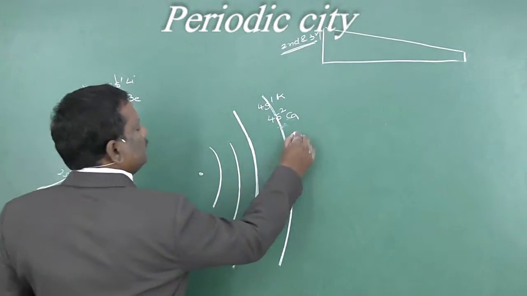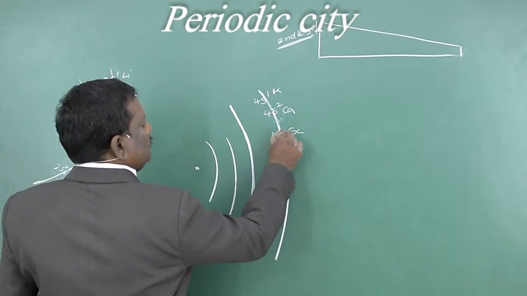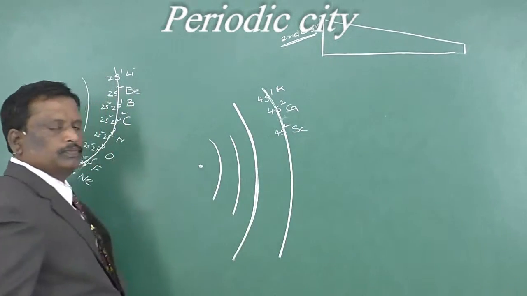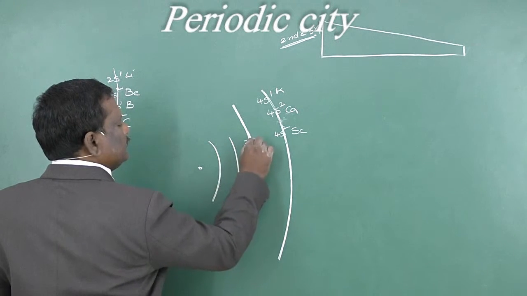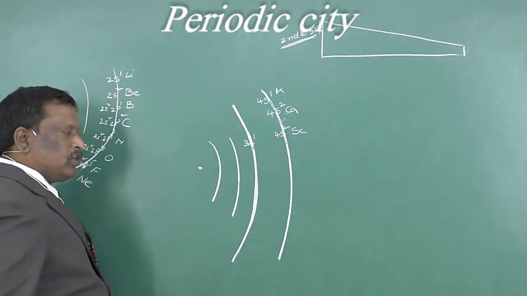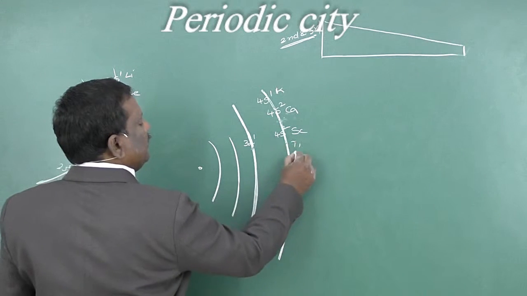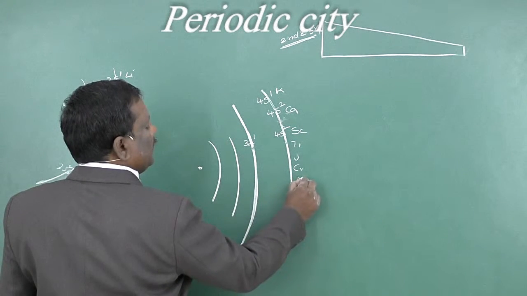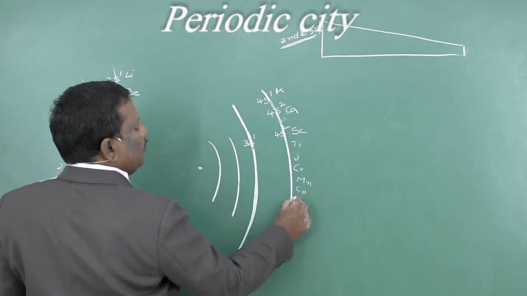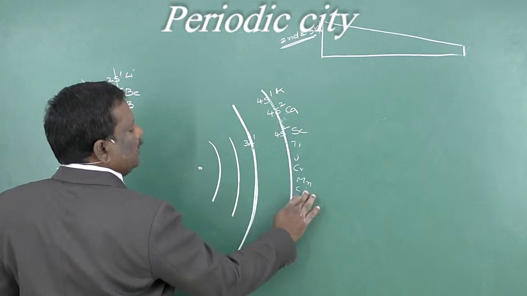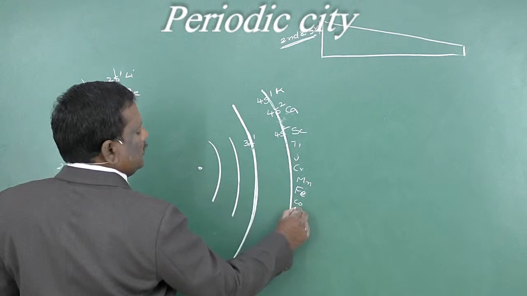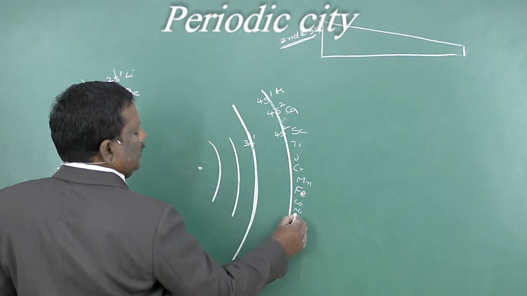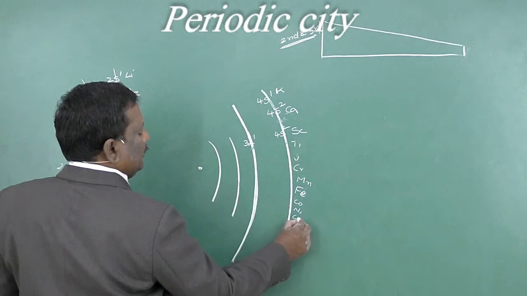Then scandium: first electrons are in 4s2, then the electron is in 3d1. Gradually from scandium, titanium, vanadium, chromium, manganese, iron, cobalt, nickel, copper and zinc.